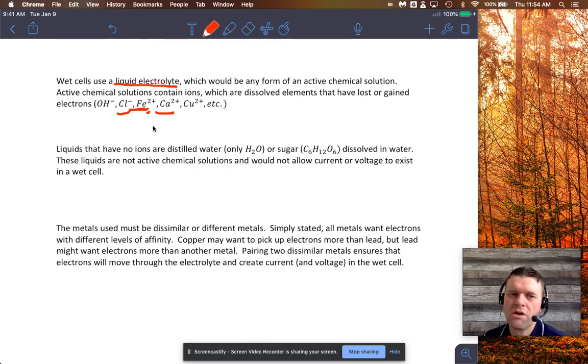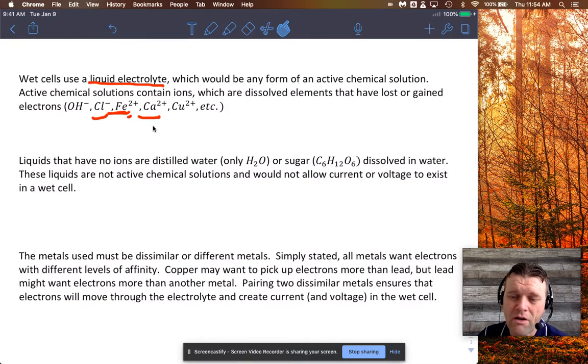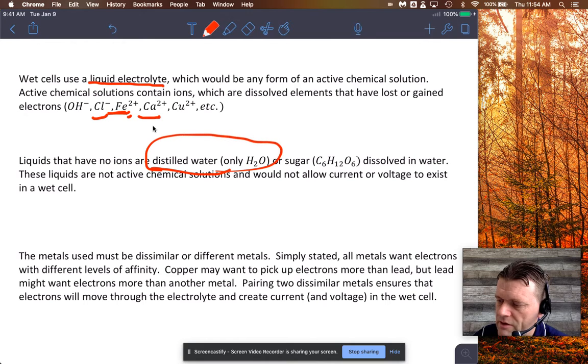Anyway, you should know that there are liquids that have no ions in them, and they are not useful when making a wet cell. Distilled water is definitely one of those. That's just pure water. So it has no ions in it, and as such will not allow a chemical reaction to happen.